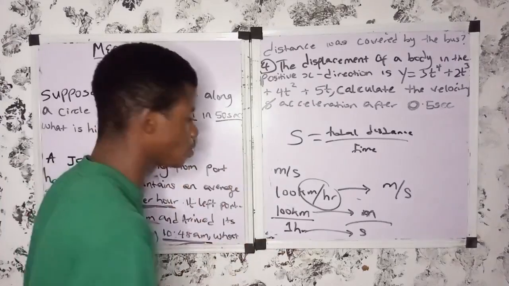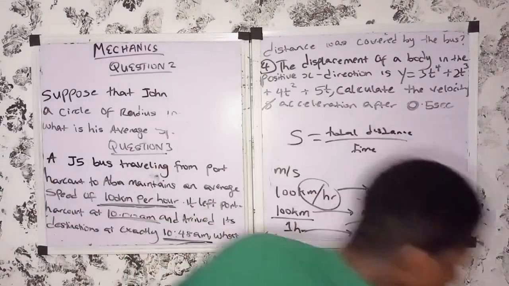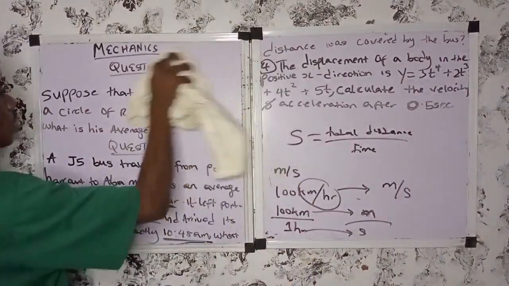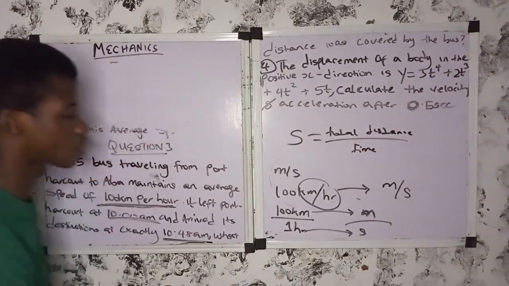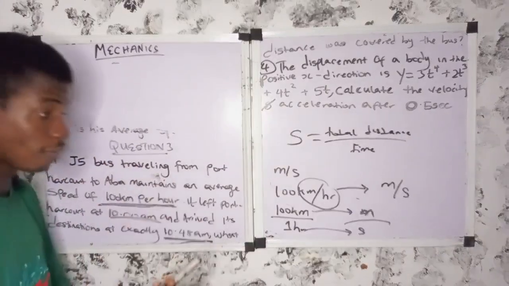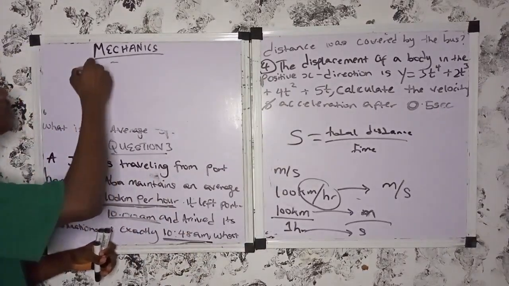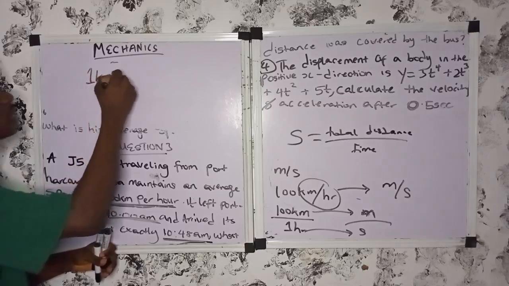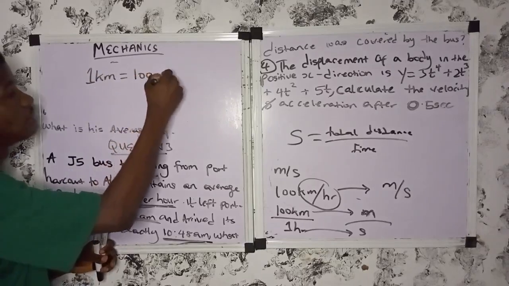So let's continue. Now remember, according to conversion factor, 1 kilometer is equal to how many meters? 1,000 meters, right?